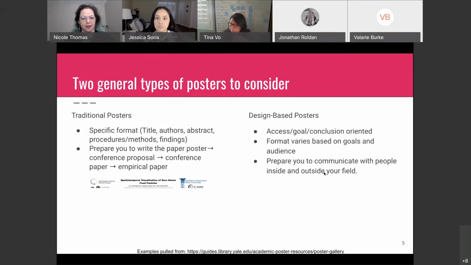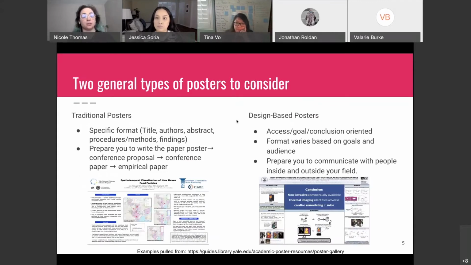Okay. So there are two general types of posters to consider. I'm sure most people have seen the traditional poster. This is when you go to a conference and it's generally more scientific in terms of being structured like a research proposal.